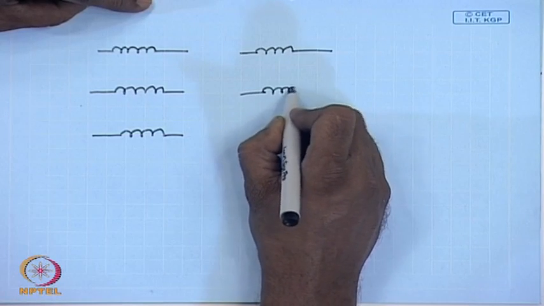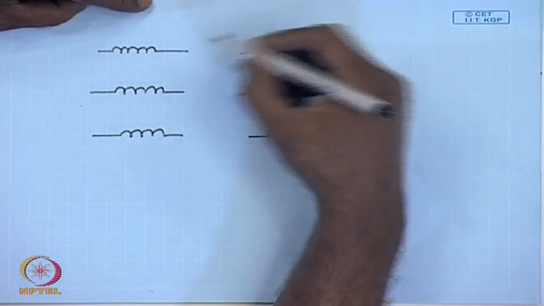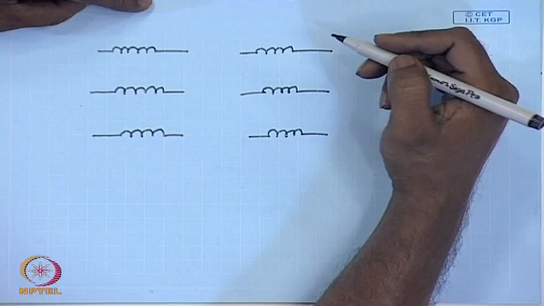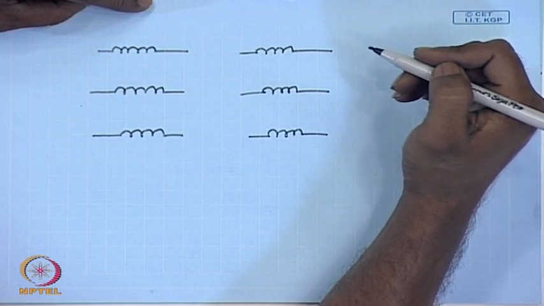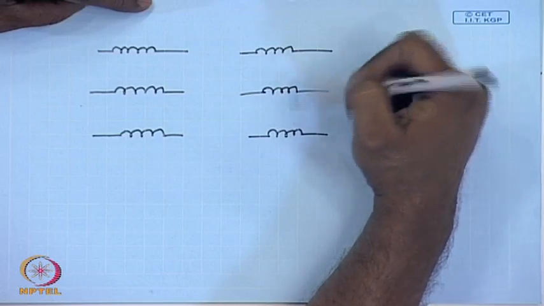This is the minimum. In many cases either the high voltage winding or low voltage winding can be split into 2 parts, giving 9 sets of windings. Even in the simplest case there will be at least 6 windings.